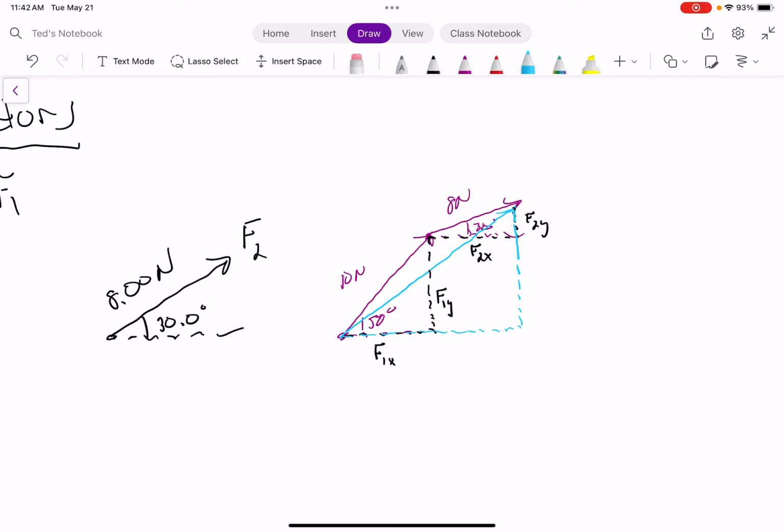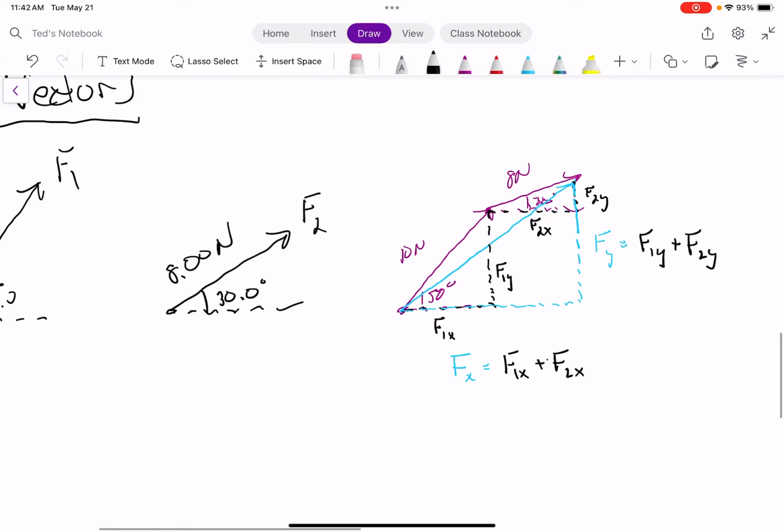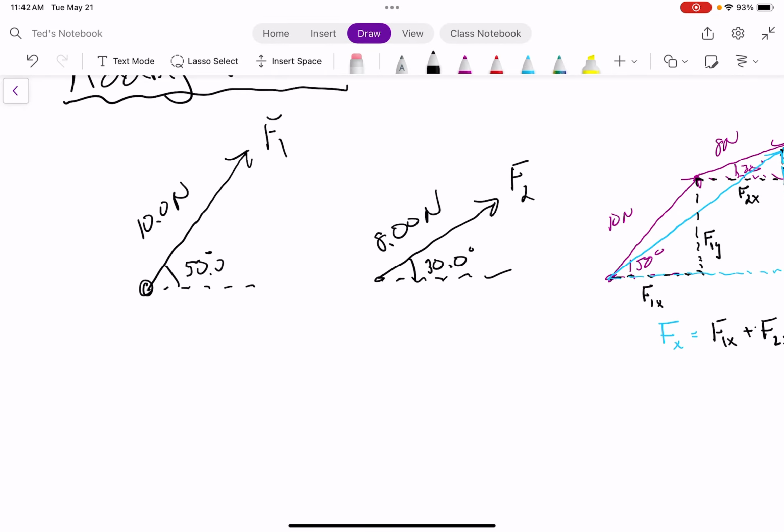And what we can see from this picture is that the x component of our answer is going to equal the x component of the first force plus the x component of the second force. And the y component of our answer is going to equal the y component of the first force plus the y component of the second force. So if I want to add these two vectors together, the first step is to find their components.